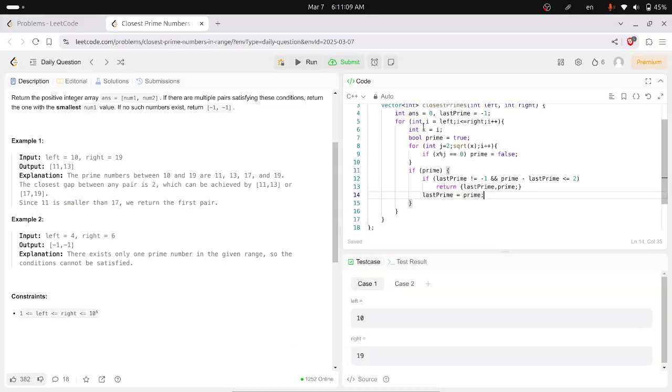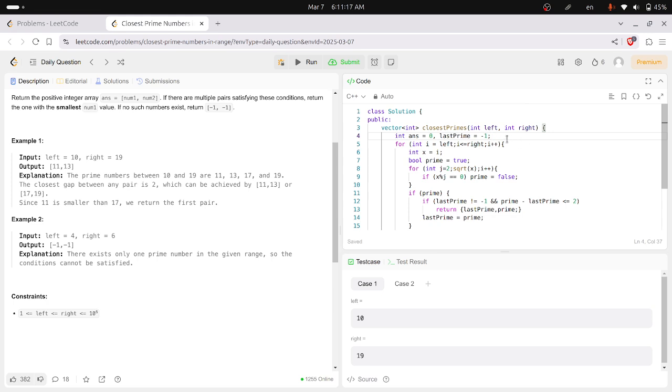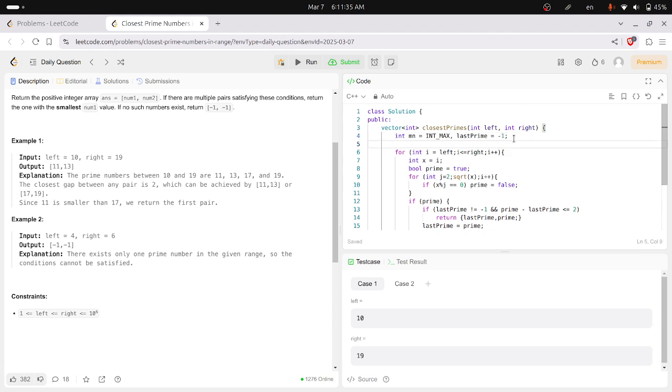So for that, I'll keep answer equals to 0. Let's initialize it with int max, and let's say the minimum that we found will be stored here, and we will check.